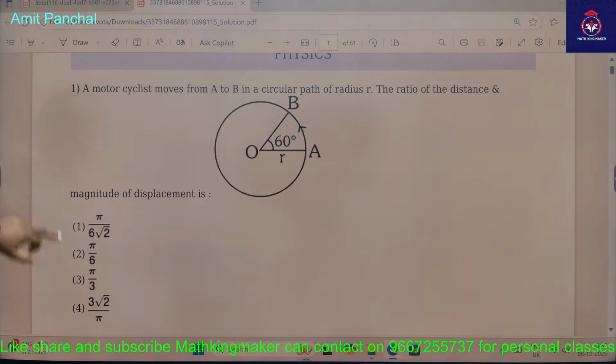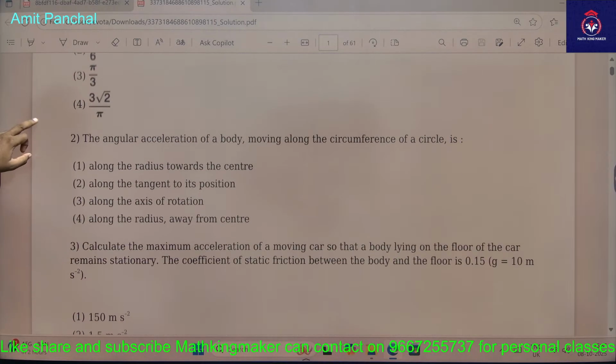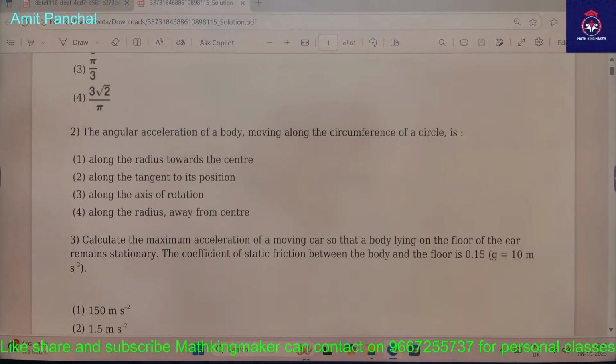Okay. Now in the second question, it is very simple. The angular acceleration of a body moving along the circumference of a circle is, tell me which will be the right answer.